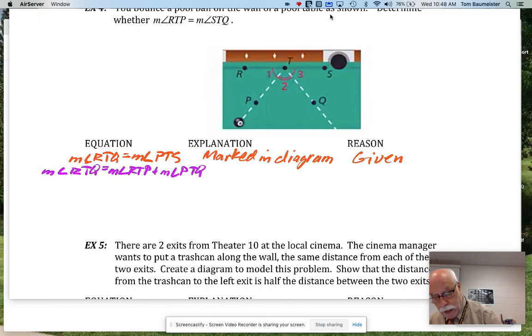So what did we do? We added measures of adjacent angles, and again, we use the angle addition postulate.